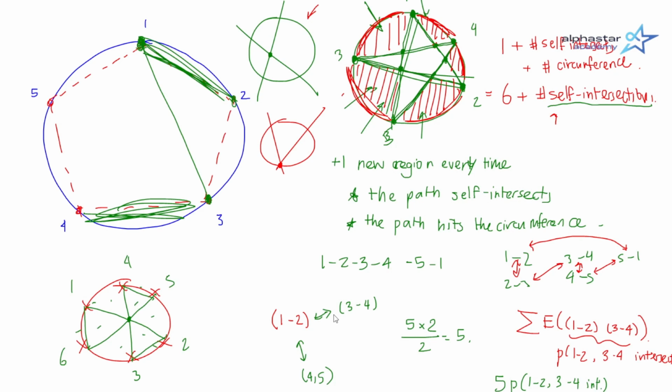Instead of drawing the lines explicitly, we can fix the 4 points first, and then pick which vertices are 1 and 2 and which vertices are 3 and 4.